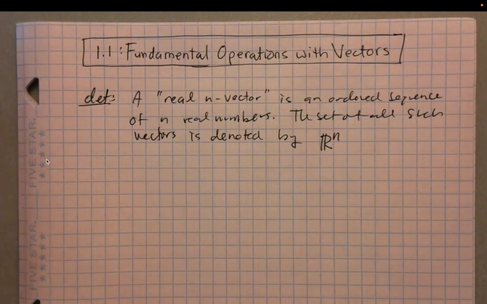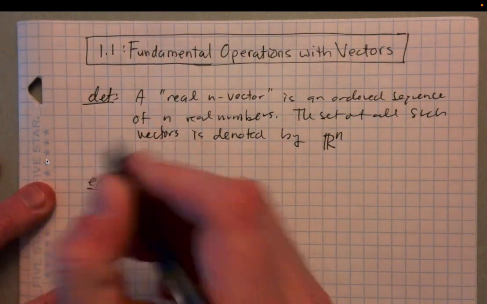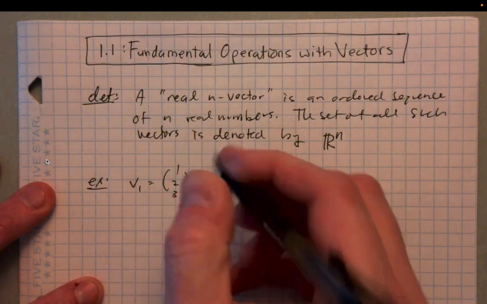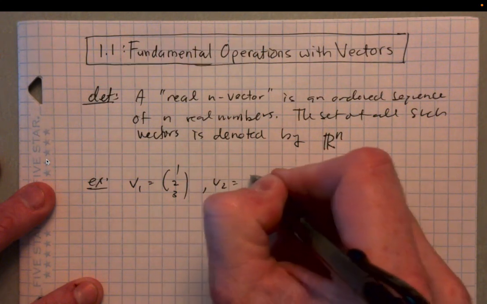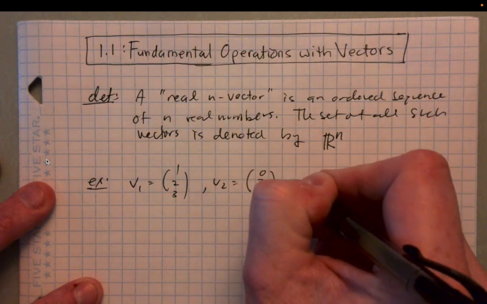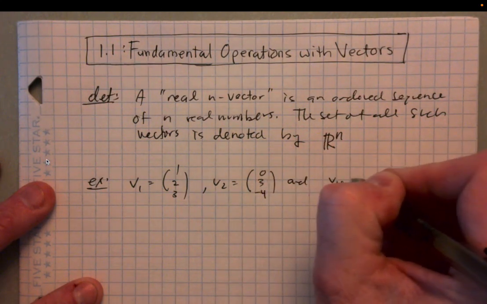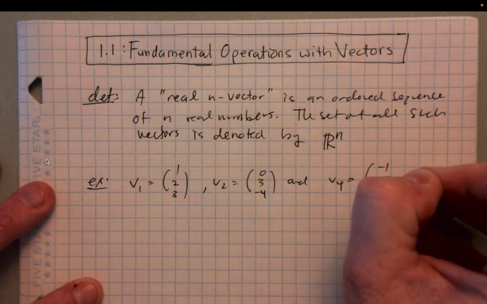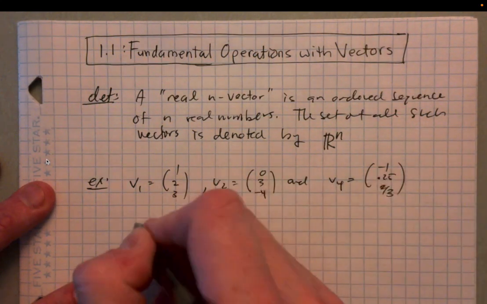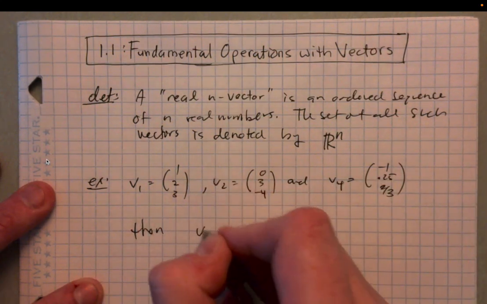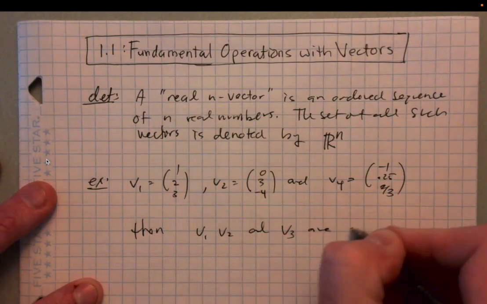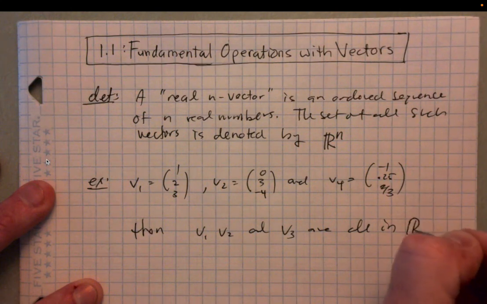So for example, if we have v1 equals 1, 2, 3, v2 equals 0, 3, negative 4, and v3 equals negative 1, 0.25, and 2/3, then v1, v2, and v3 are all in what?